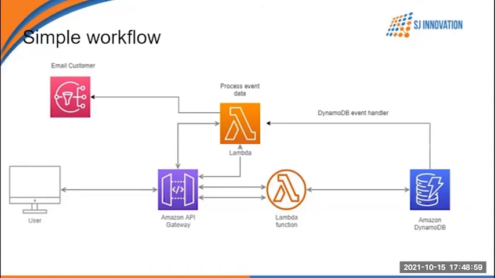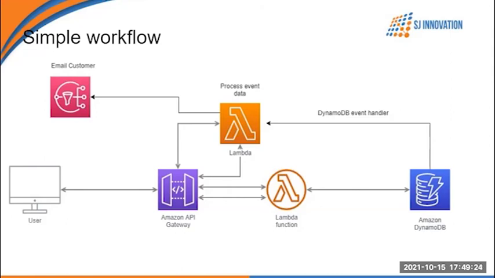Then there is a Lambda function, which makes a call to DynamoDB, and we get some data from DynamoDB. At the same time, whenever there is a write request, that is, if we are adding a new record to DynamoDB, there is an event handler that processes that information in another Lambda.